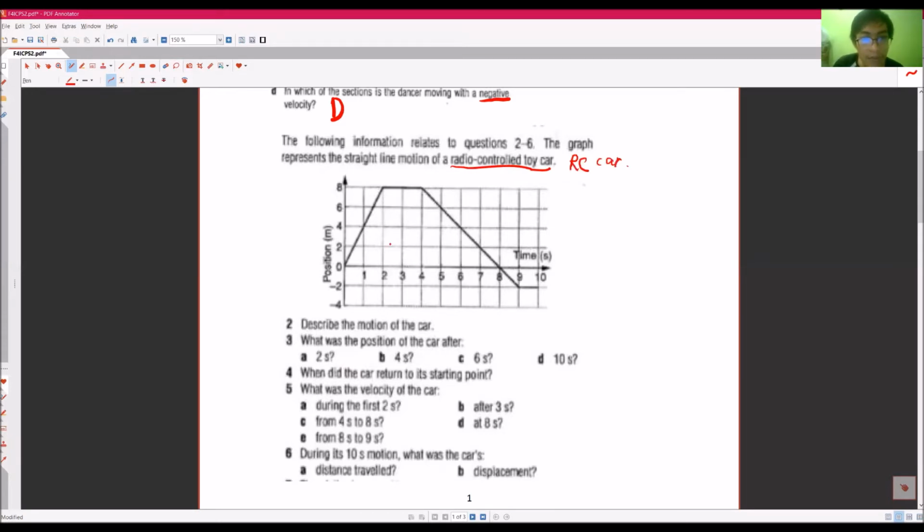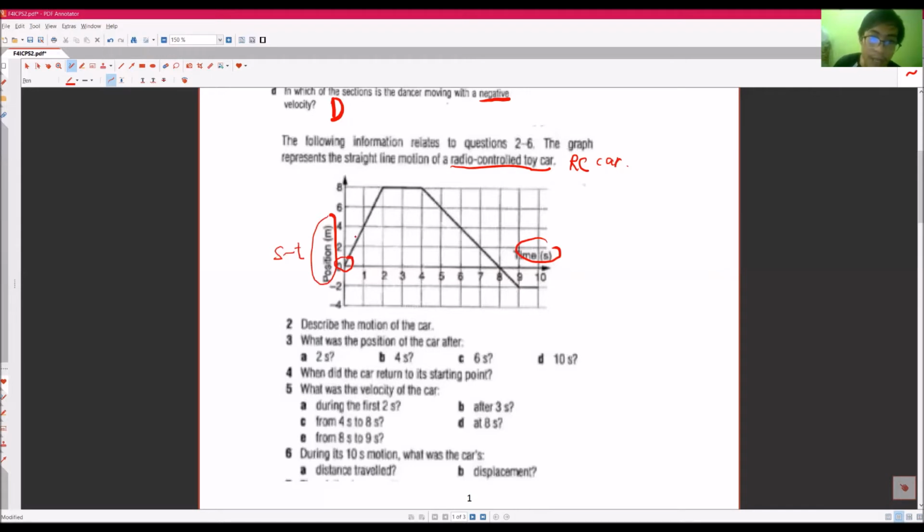Before we move on to the questions one by one, let's first check our understanding of the graph. Basically it's a position time graph, or another name is displacement time graph. It starts from the origin and moves towards the positive direction.